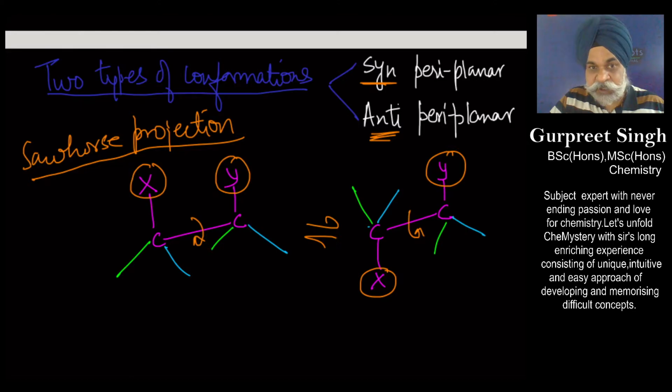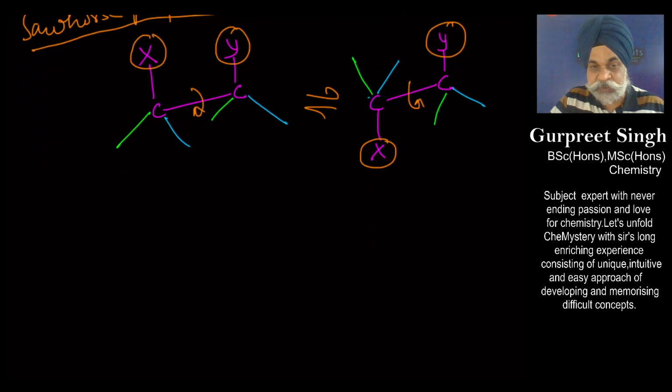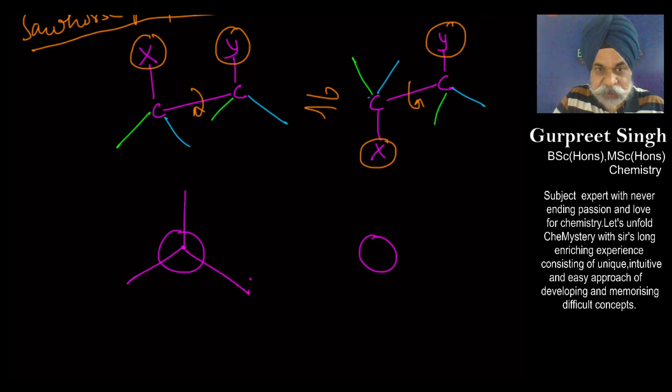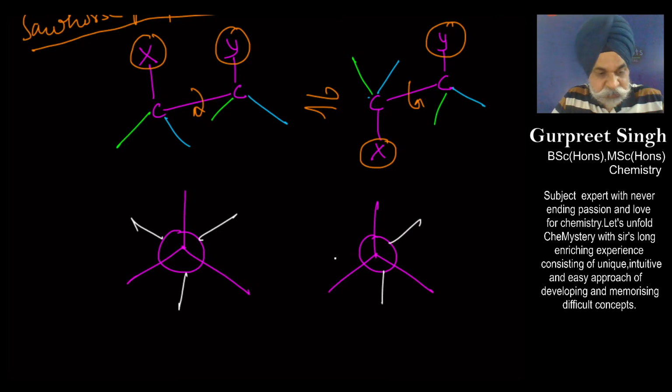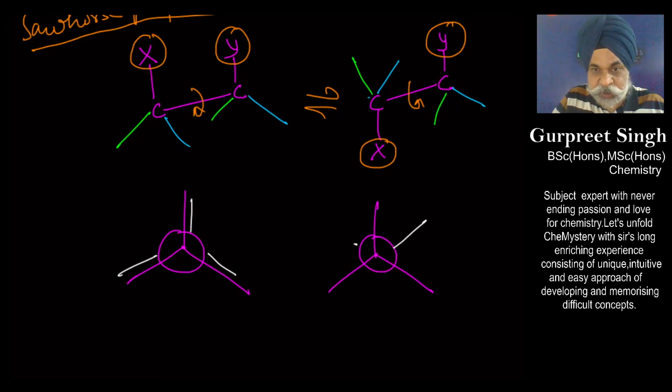Now going forward, we have understood there are two types of conformations available. So let me show it like this. If I select the same colors, I would draw it like this. So this is what you get from here and here. So we shall be getting something like this. Oh sorry, I should have drawn it like this, and this has to be drawn like this.